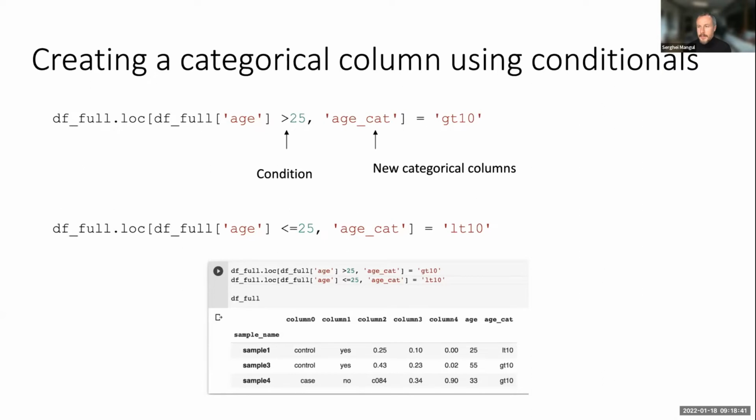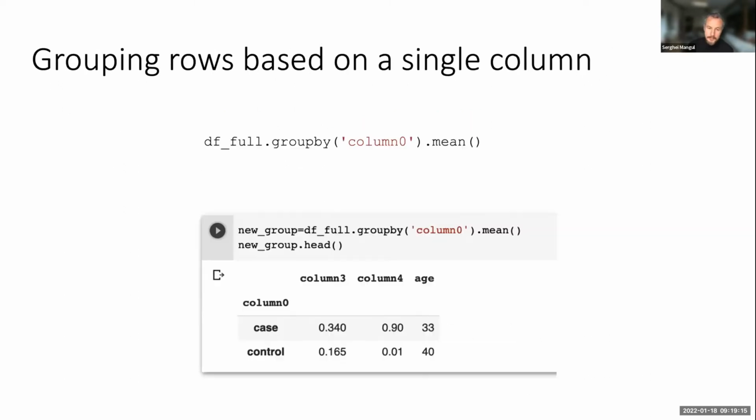As you can notice, column 0 is already that kind of column: you have two types of samples, case and control. And the same for column 1, which is yes or no. So you can compute a mean for each category. You can take column 0 on the control and compute the mean of that for any column. Let's say for column 2, you ask what is the mean of control for column 2, and you can compute that.